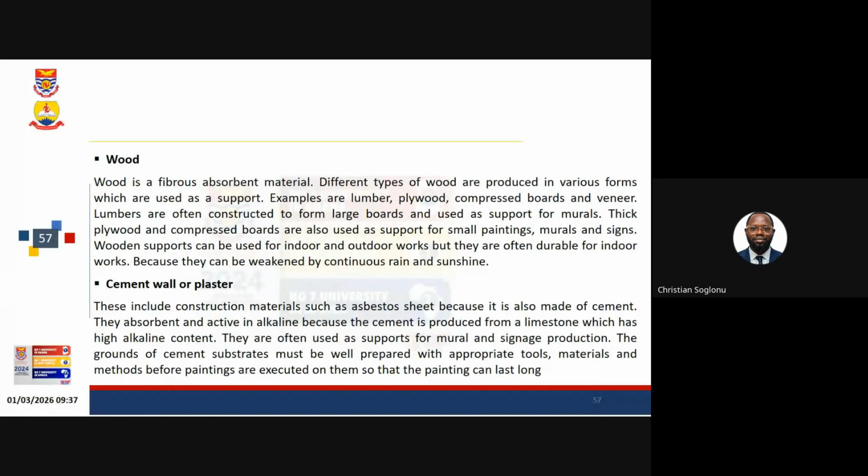They are often used as supports for mural and signage production. The grounds of cement substrates must be well prepared with appropriate tools, materials, and methods before painting is executed on them, so that the painting can last long.